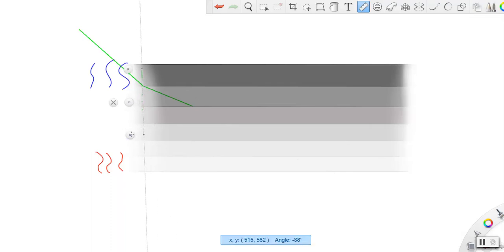Then we have a new normal down here, and this new angle, rather than being that angle, is bent again away from the normal. As you can see, it's going to gradually cause this increase in the angle.